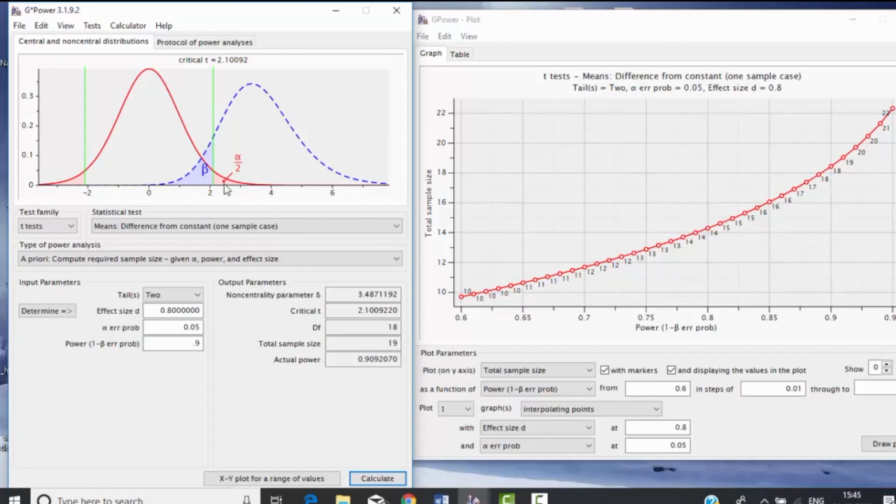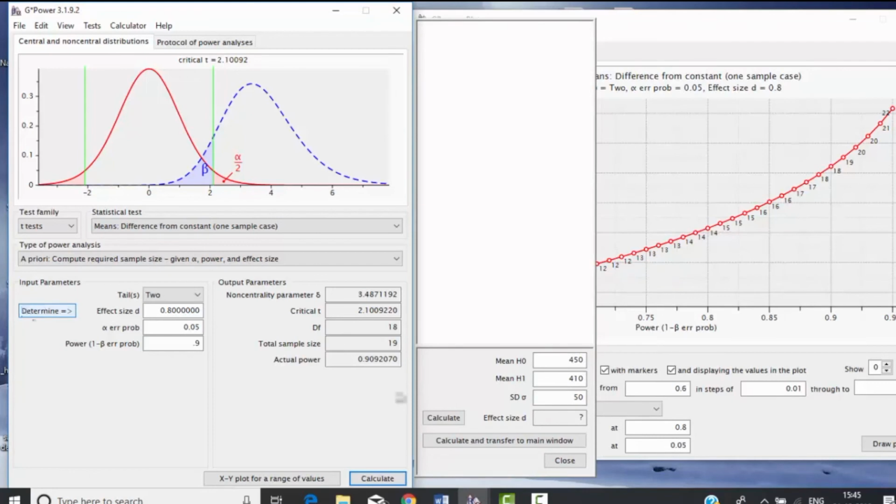As you know very well, effect size is determined by you, or effect size is given by the data that is there in your hand. You have 450, that is the mean number of hours the bulb is working, and what you actually expect is 500 hours that it is working.